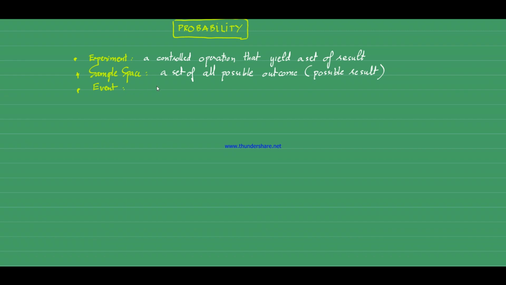The event is a subset of the sample space. Most of the time we use the letter E to represent an event.